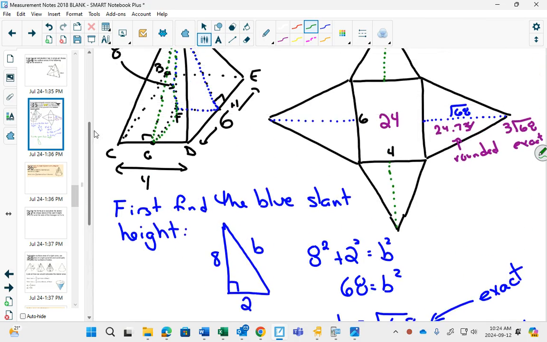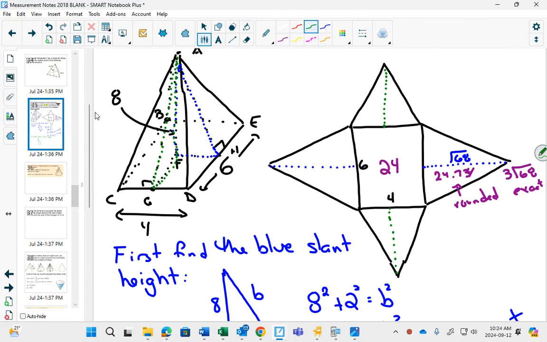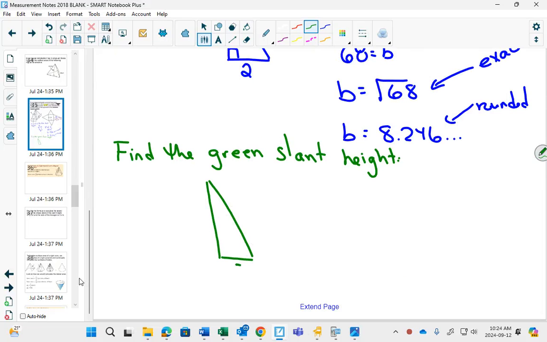We look to our original picture, and we've got a triangle with the green one as well. But now, the base of the green one is half of the 6 side, so the base will be 3. The height is 8. And this time I'm going to use G because I'm finding the green.